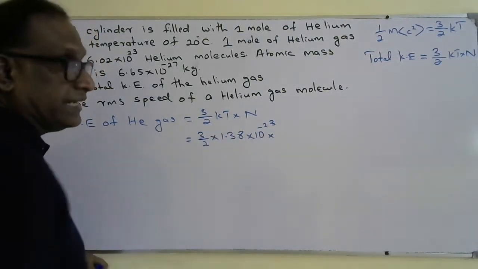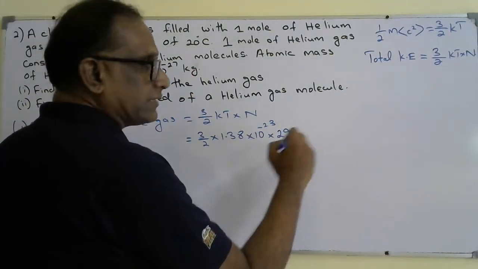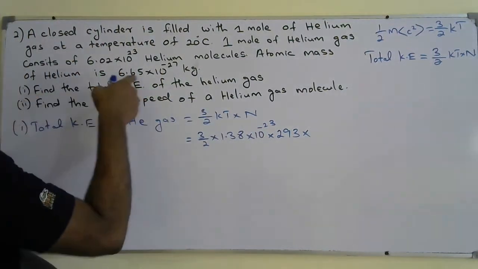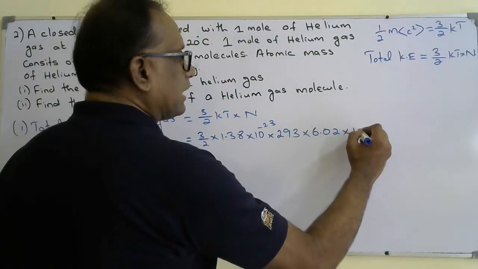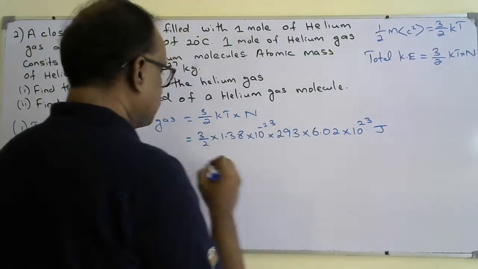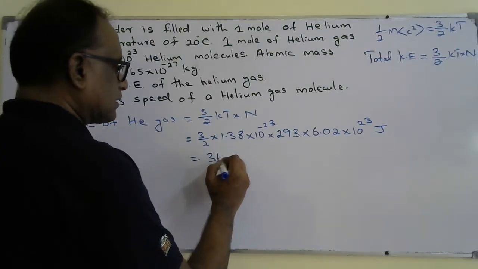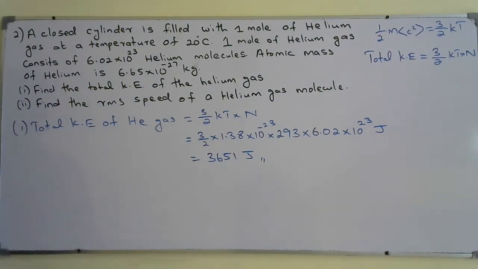Into temperature, which must be in Kelvin, so 20 degrees Celsius means 273 plus 20, 293. Number of molecules given is the Avogadro number, that is 6.02 into 10 to the power 23, the unit is joules. Solve it, you will get the answer for the first part. So that will be 3651.50 joules.